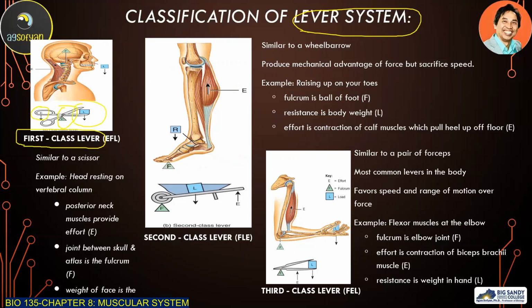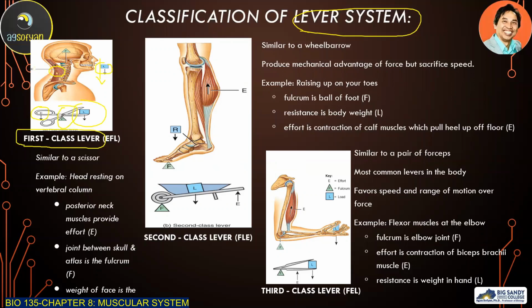If we look at our skull, we are able to move our head up and down. If we don't have any contraction, our head will go down because there is a load in our head, in our face. Someone who is sleepy, their face usually falls down because there is a load over here. In order to lift it up, the effort has to be made, which comes from the contraction of muscles in our neck.